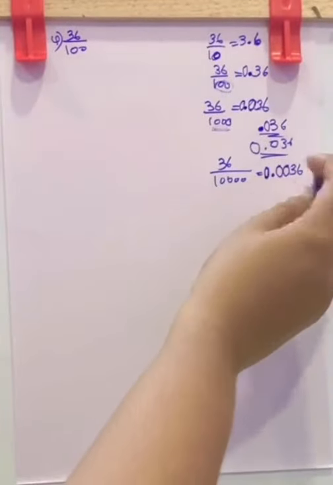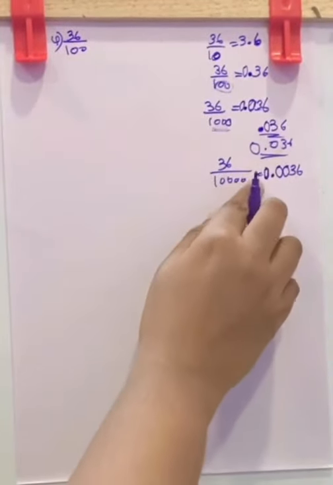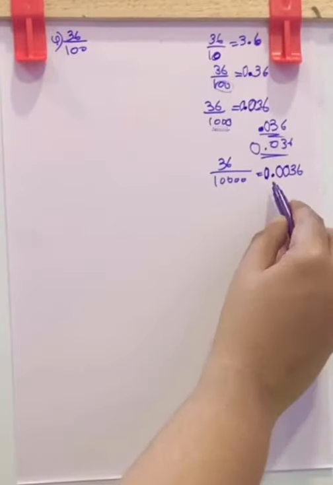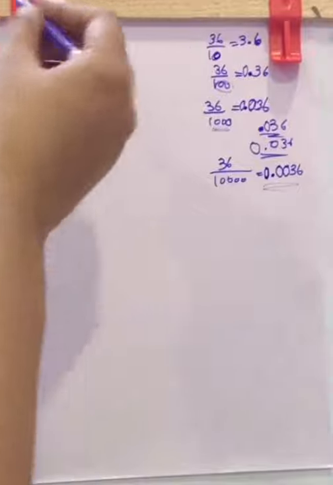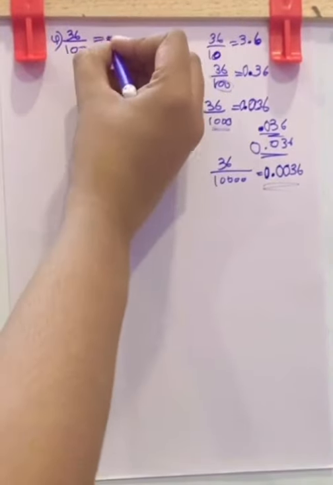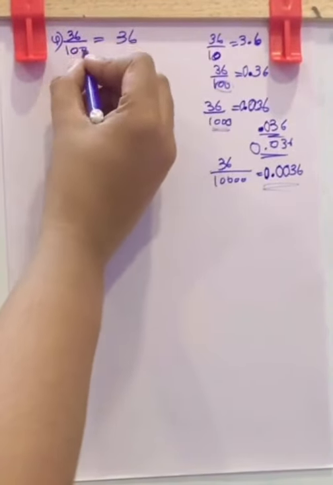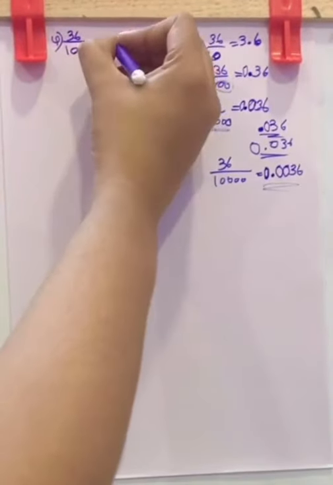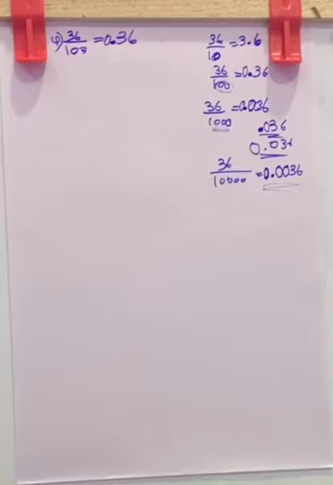So you can either write 0.0036 or .0036. Both are right. Now coming to the question, the answer will be 36 and count 2 zeros here. So 0.36 or .36.